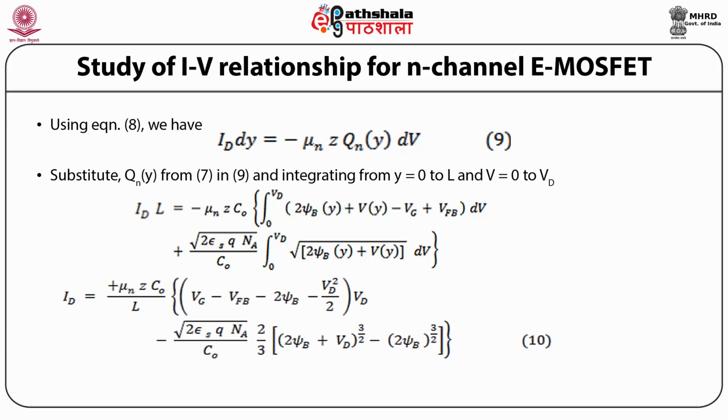So Id is equal to mu n Z C0 by L multiplied by bracket Vg minus VFB minus 2 psi b minus Vd square by 2 bracket multiplied by Vd, minus root of 2 epsilon s q NA by C0 multiplied by 2 by 3 multiplied by bracket 2 psi b plus Vd to the power 3 by 2 minus 2 psi b to the power 3 by 2 bracket. So this equation is being marked as 10.